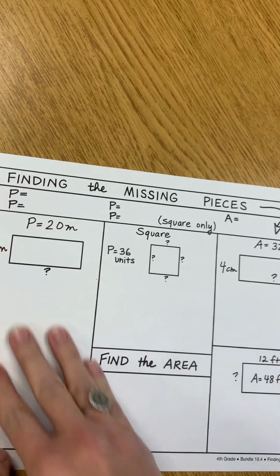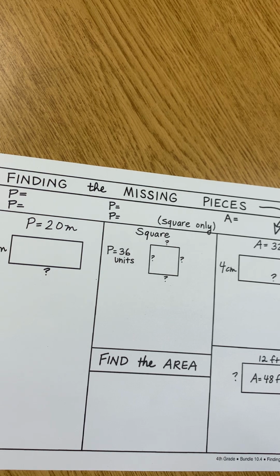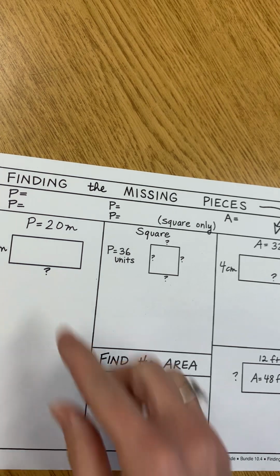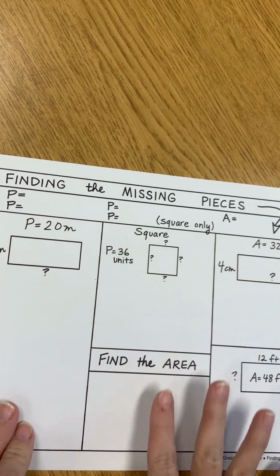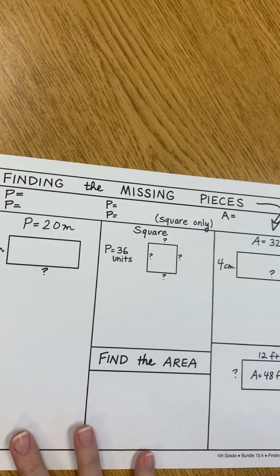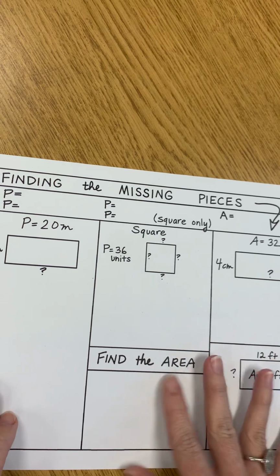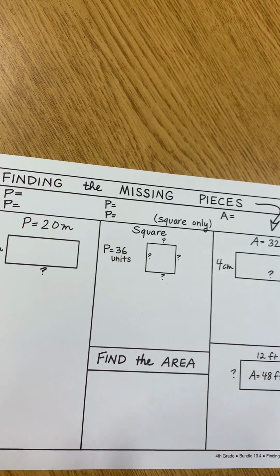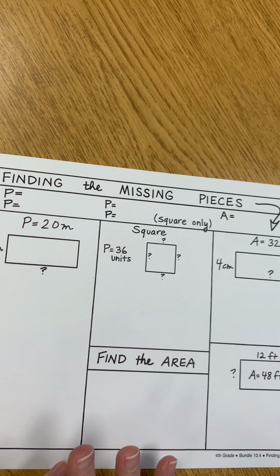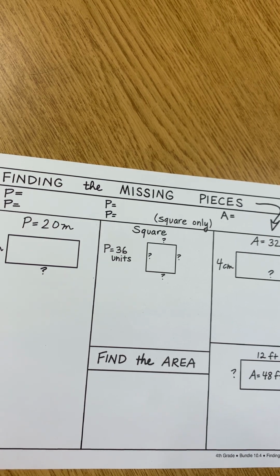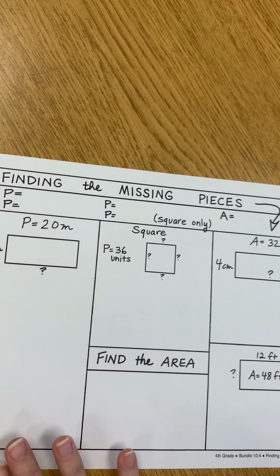We're going to start right here. Actually, we're going to start in this whole top portion where we're going to write all the possible formulas. You will notice that perimeter is written 4 times. There are 4 possible ways for you to find the perimeter.